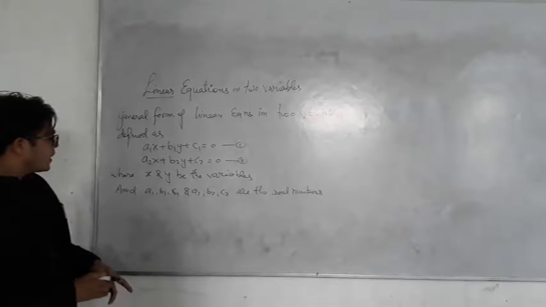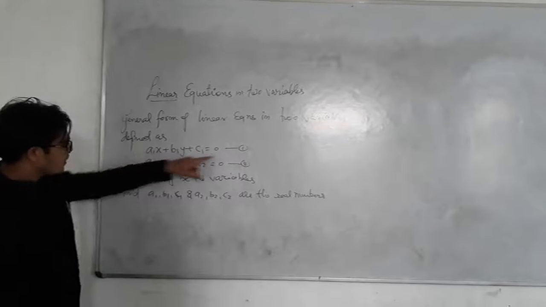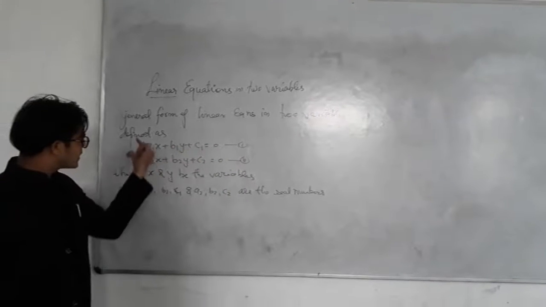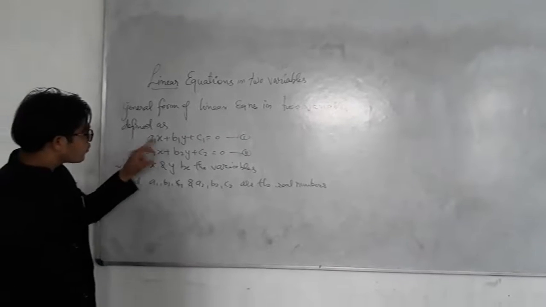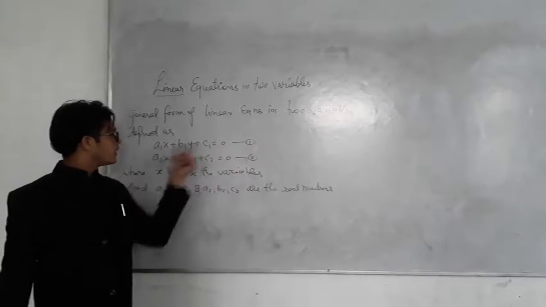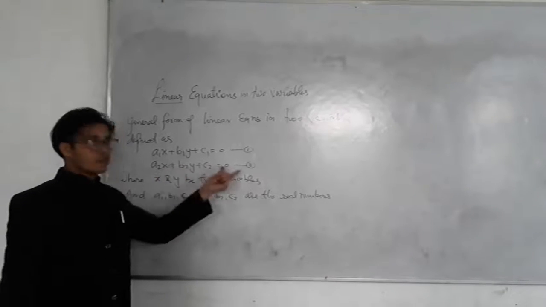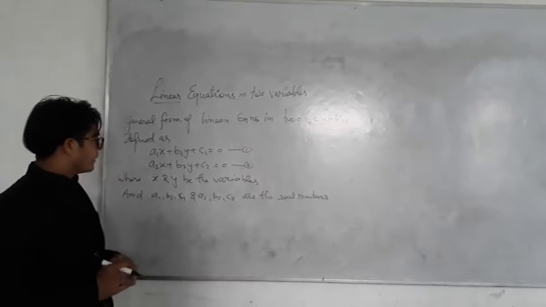These two equations, 1 and 2, are also known as the system of linear equations in two variables. The first equation represents a line, and the second equation also represents a line.